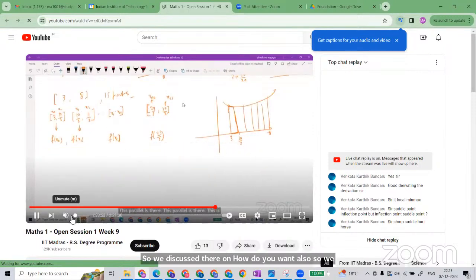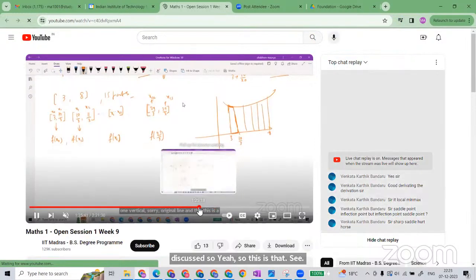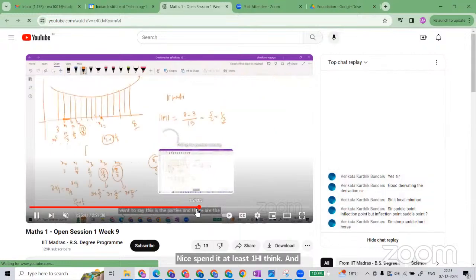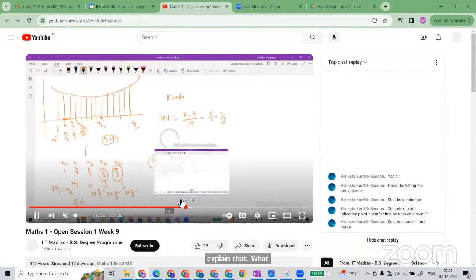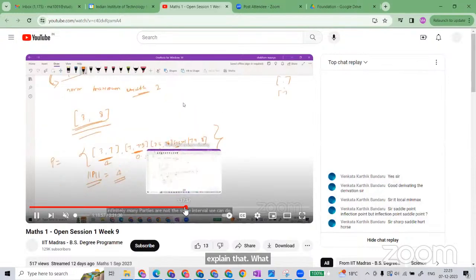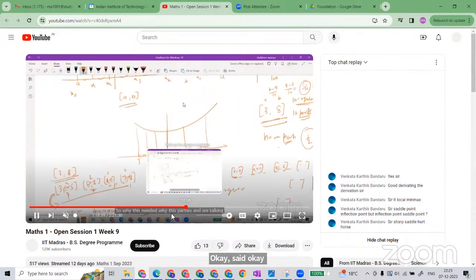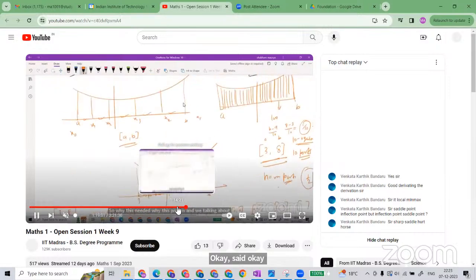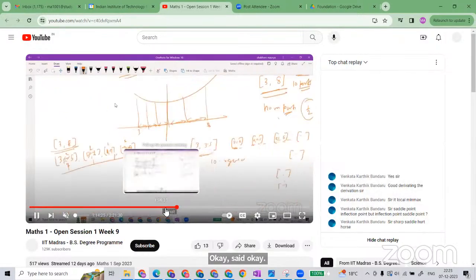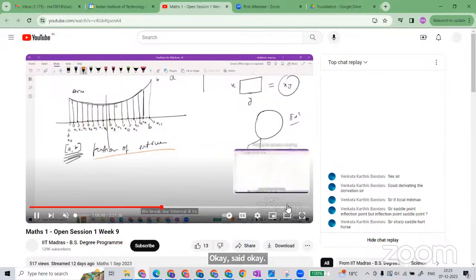So this is the Riemann session. I spent at least 1 hour on this, more than 1 hour, and slowly explained how you are dividing it. We are still discussing Riemann, and I also did a problem on that.